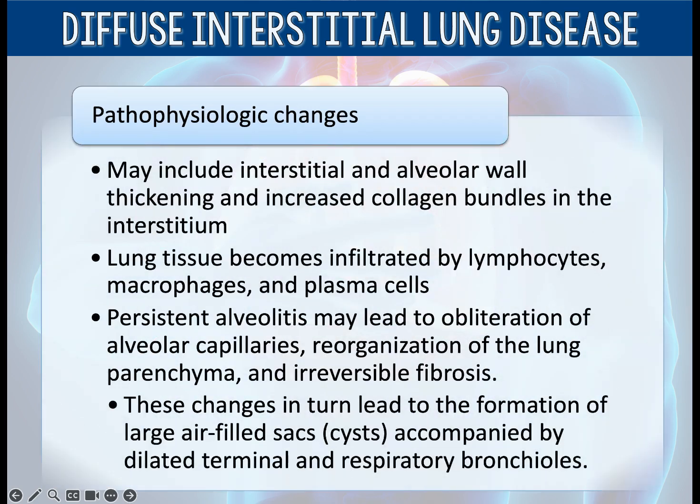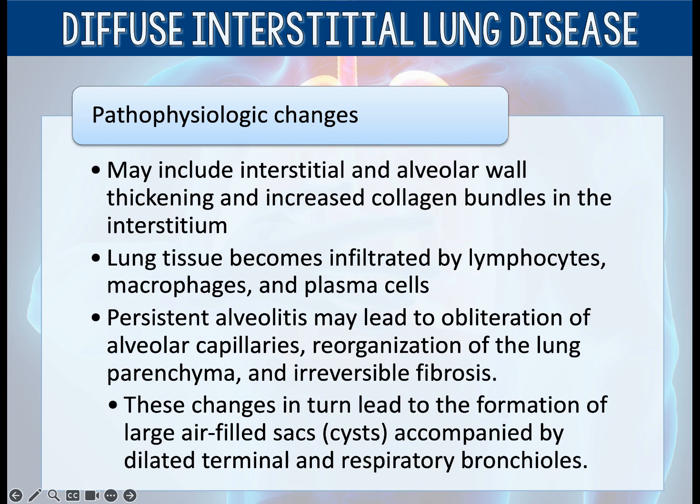And the pathophysiologic changes that are seen in diffuse interstitial lung disease may include interstitial and alveolar wall thickening, but then you also have these collagen bundles in the interstitium that contribute to the fibrotic characteristic of this disease. The lung tissues become infiltrated by lymphocytes, macrophages, and plasma cells, and that's what happens when your immune system responds to something.